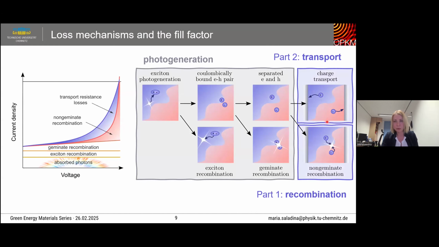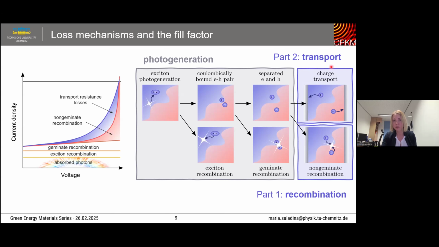Now, from the point of view of free charge carriers, the JV curve of course relates to free charge carriers. We can separate all the steps into three different parts: photogeneration, recombination, and charge carrier transport. In this talk, I will focus on two of them, the ones that influence the JV curve the most.